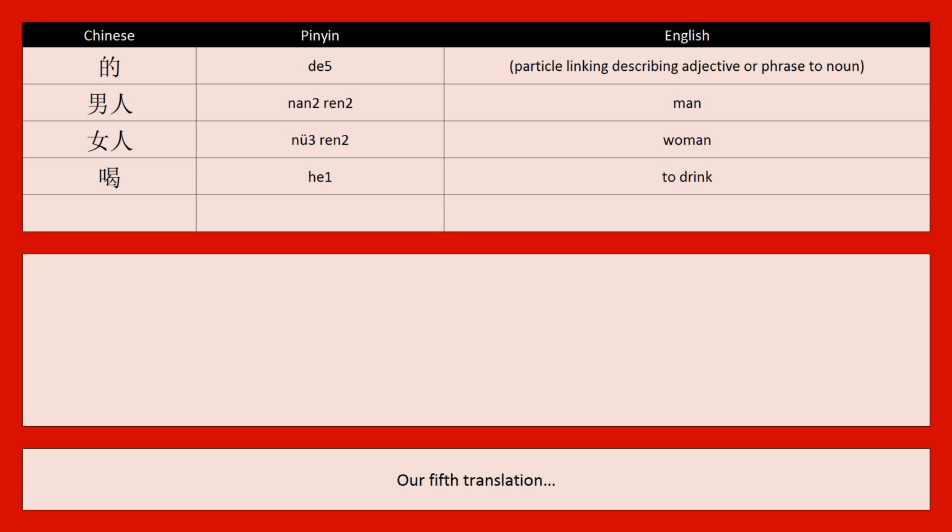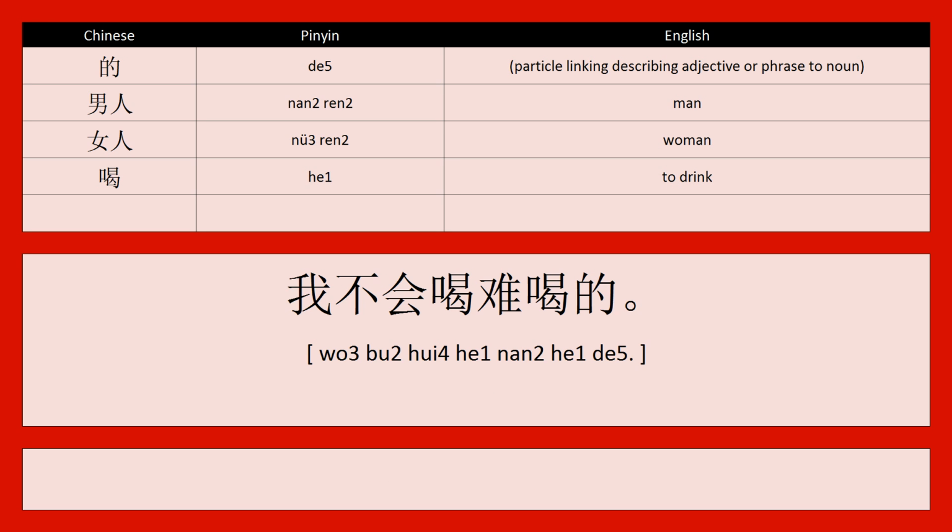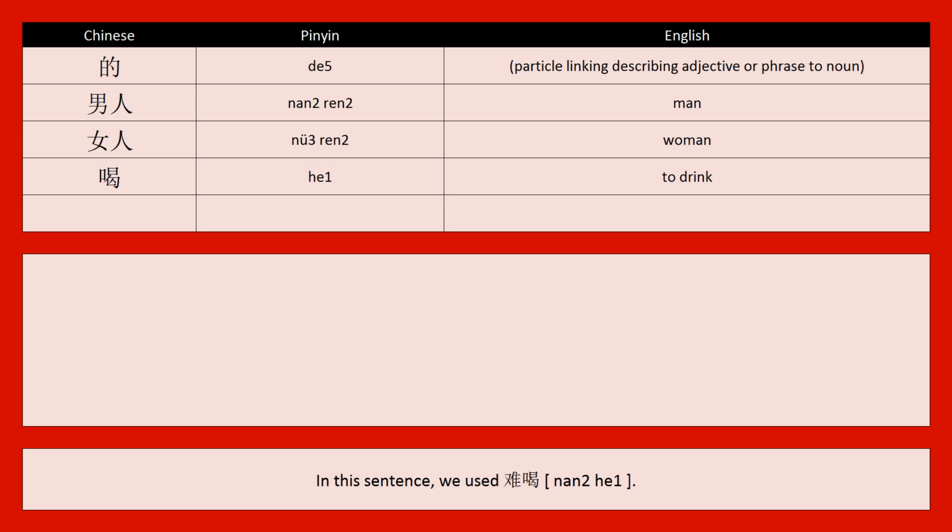Our fifth translation. 我不会喝难喝的。I will not drink horrible ones. In this sentence, we use the 难喝.